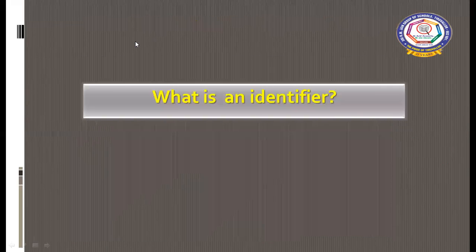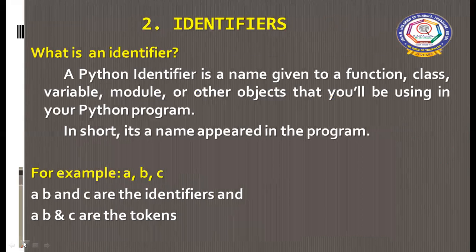So what is an identifier? An identifier is a name given to a function, class, variable, module, or other objects that you will be using in Python programming. That name can be given to a function or a class or a variable or a module or any object that you use to refer.